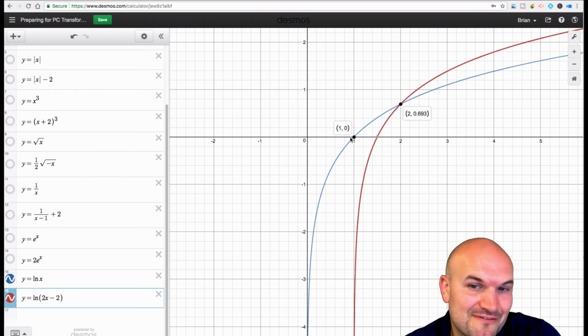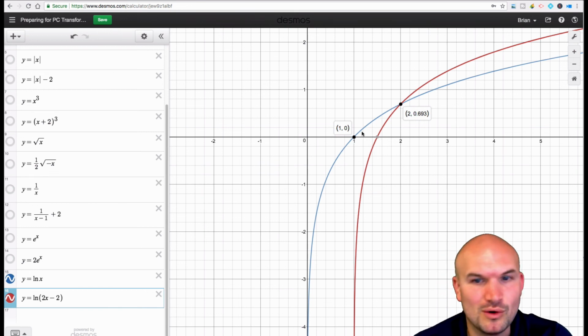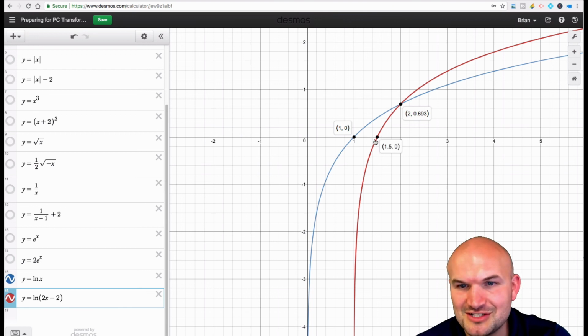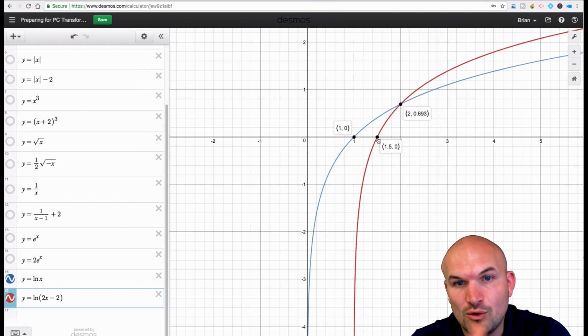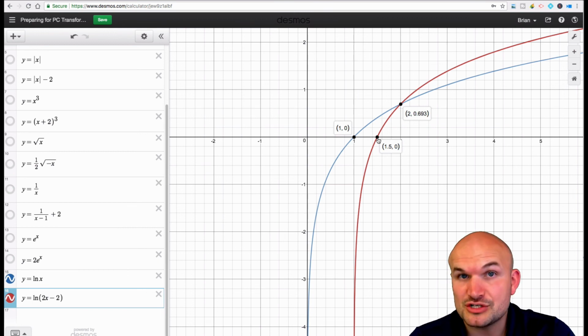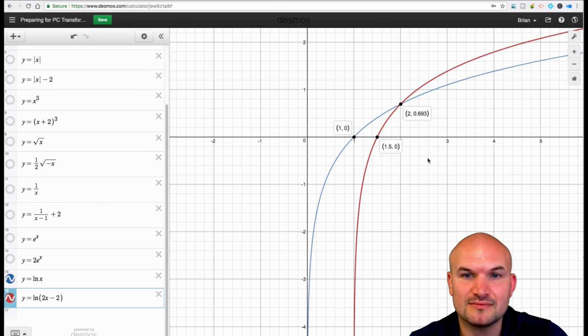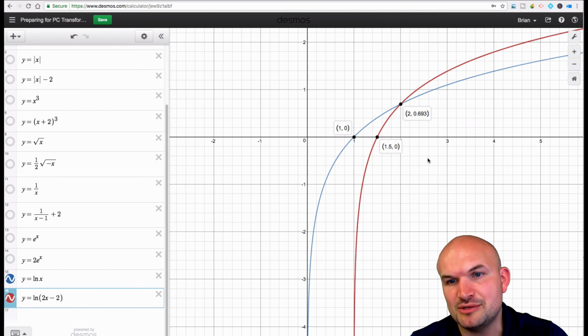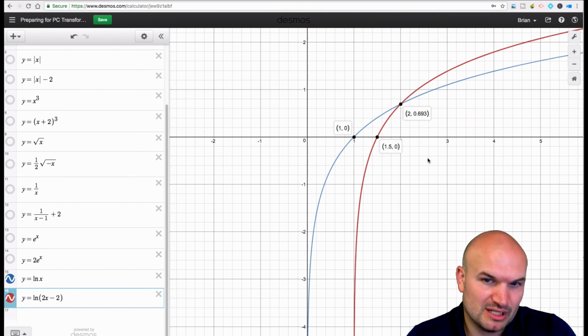You can see that the graph is being shifted over 1, but then, to make things even more confusing, it also has a horizontal compression. And the horizontal compression is very similar to a horizontal stretch. So that 2 is not actually a vertical stretch. It's actually a horizontal compression, but it looks very similar.